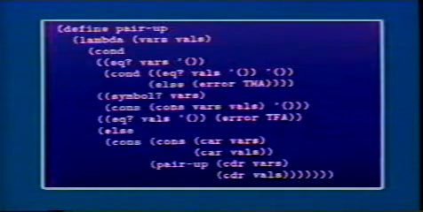I'm changing the way you pair things up. Here's the procedure that pairs the variables, the formal parameters, with the arguments that were passed, from the last description of the metacircular interpreter.